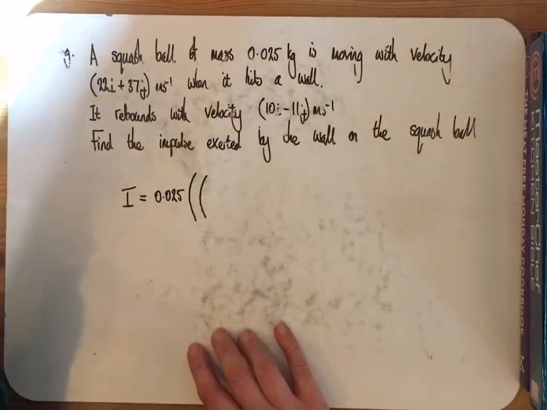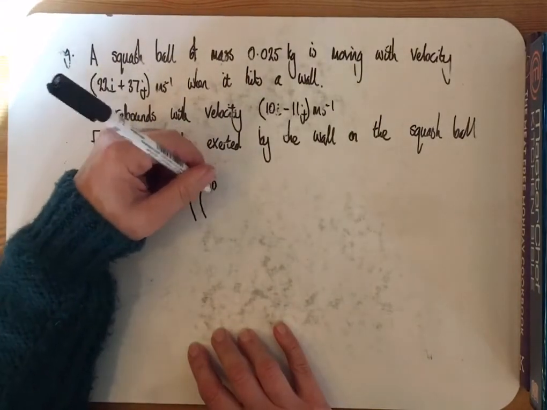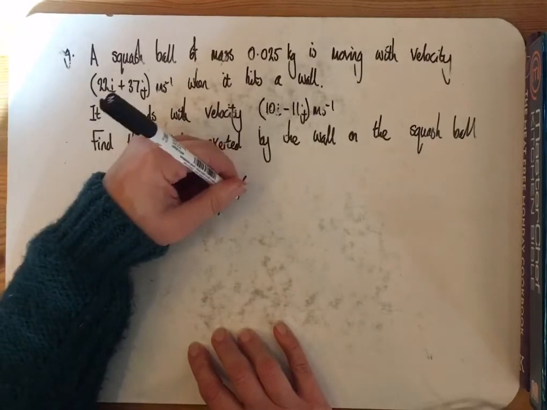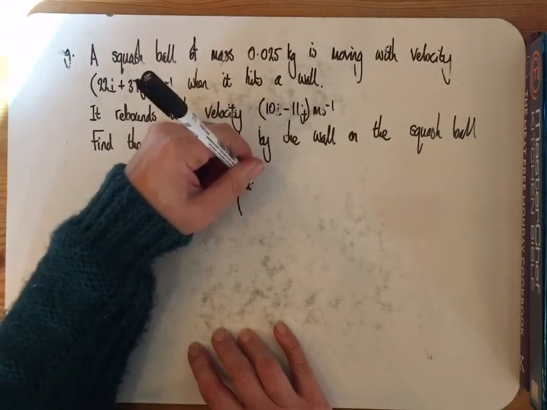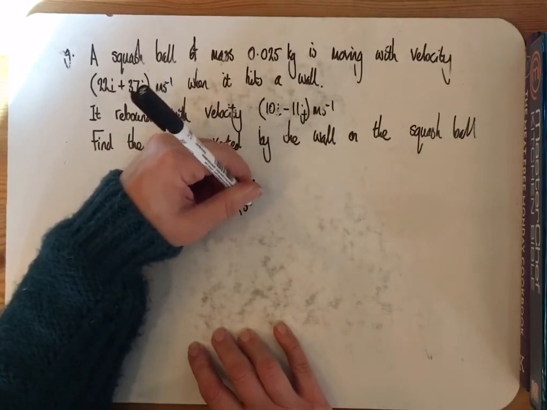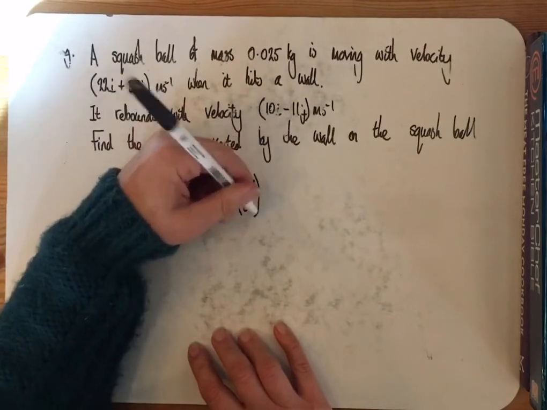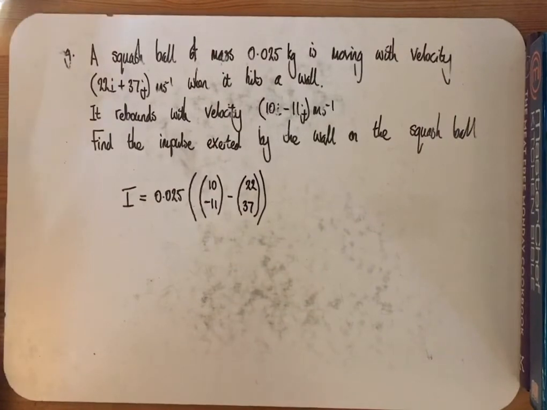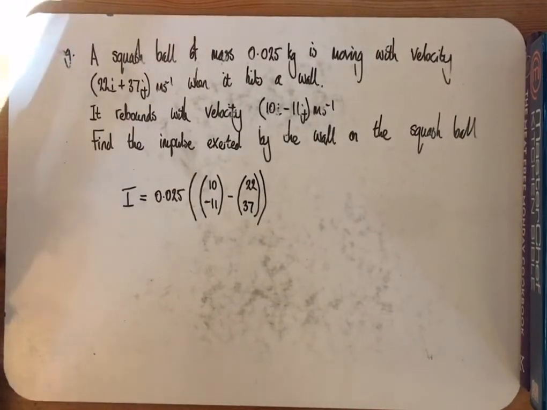You don't have to do anything complicated with this, so that's m(v minus u). So in a sense, is it easier? You don't have to really overthink the directions like you do when you're working in one dimension, because the vectors kind of do that work for you.